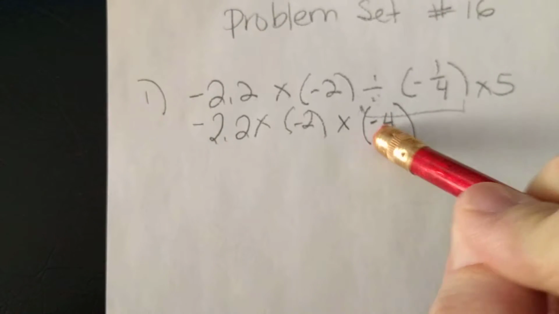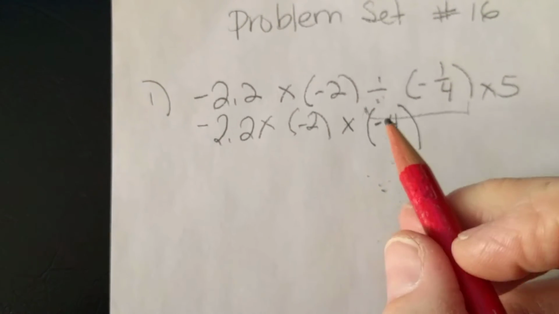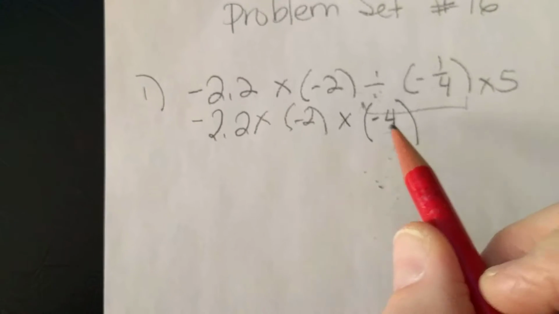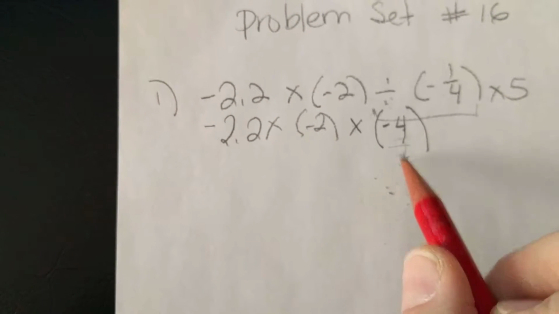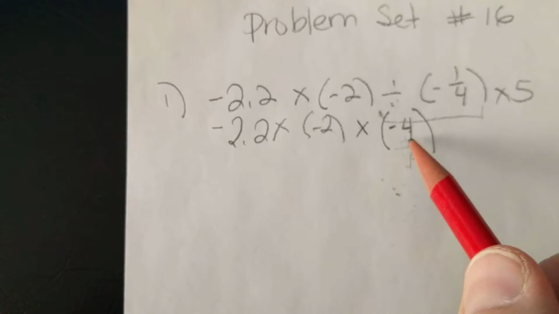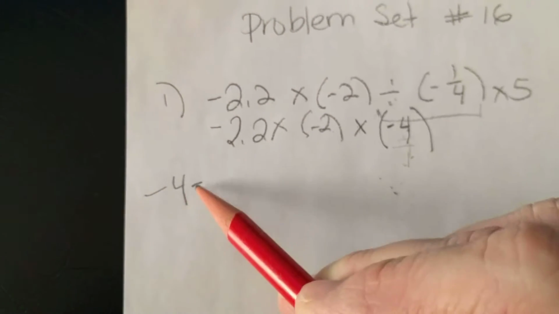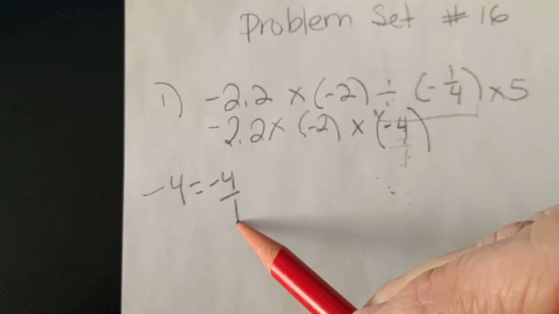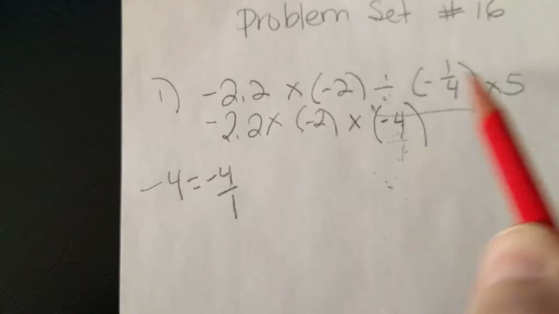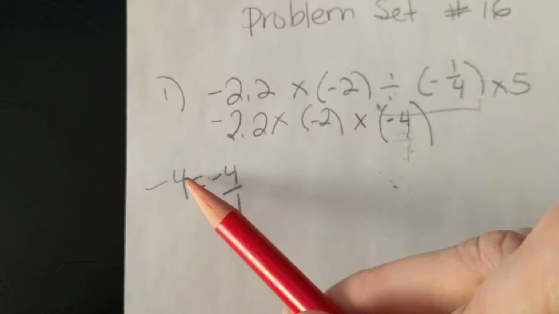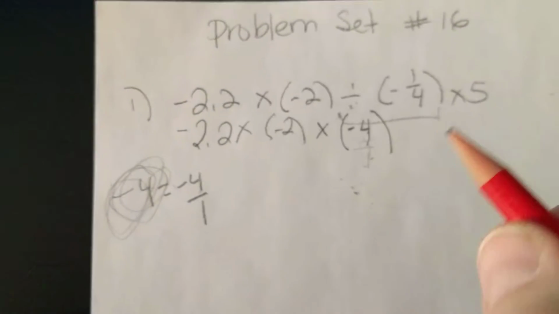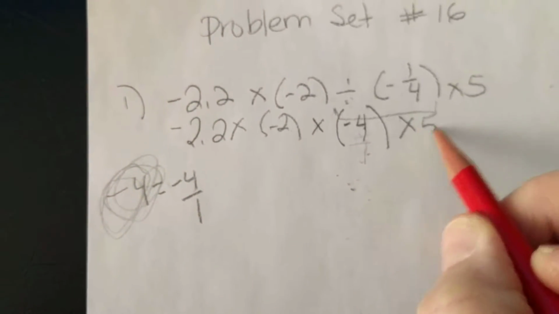So you can leave it as over 1, but then that starts to confuse students. I'd want to leave this over 1 if I had other fractions in the problem, but I don't. Negative 4 is the same as negative 4 over 1. So since I have more integers than fractions or decimals, I'm going to leave it as negative 4. Okay, then times 5.